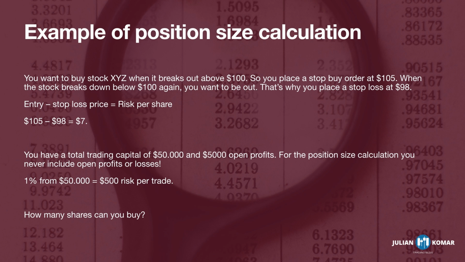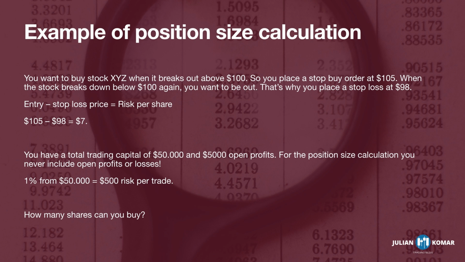So let's come to a more practical example of position size calculation. You as a trader want to buy the stock XYZ when it breaks out above the 100 US dollar mark. So in that case, you place a stop buy order at 105, and when the stock breaks down below the 100 again, you want to be out, because the trade does not make sense anymore.